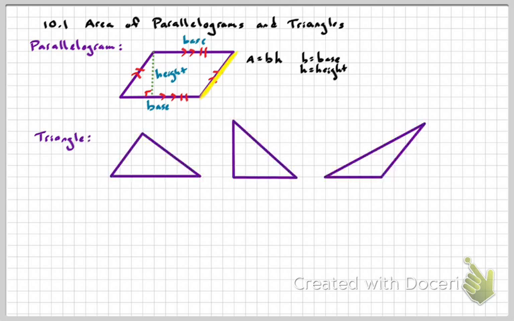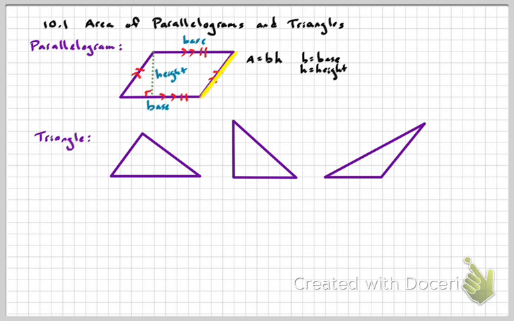Okay, good old triangle. We've talked about triangle area before: 1/2 base times height. But remember, there are 3 different variations of a triangle you're looking at: the acute, the right, and the obtuse. The height of the triangle really depends on how it's laid out, how it's given. Here are the 3 most common scenarios.